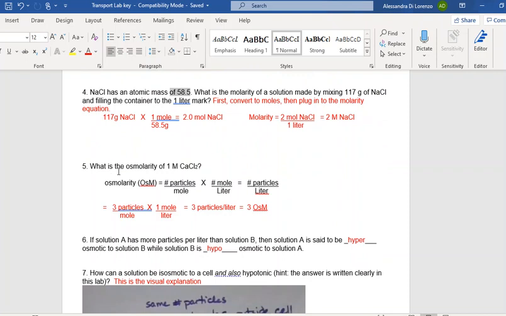Now it asks you, what is the osmolarity of 1 molar of calcium chloride? Very easy, okay? I just have to multiply the molarity times the number of particles that calcium chloride releases when it's put in solution, which is 3. So pretty simple, okay? So 3 osmolar.